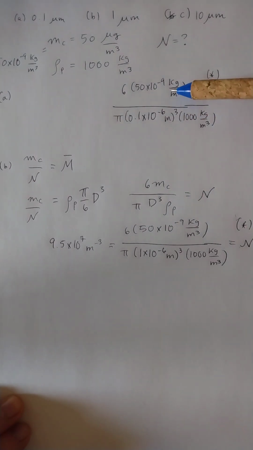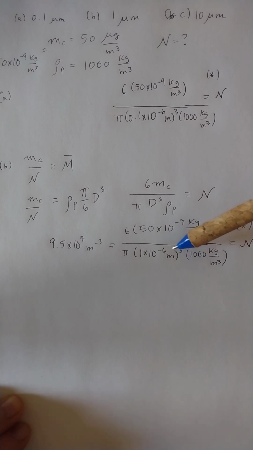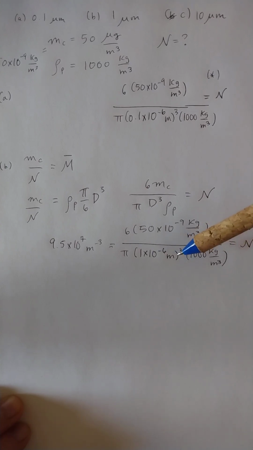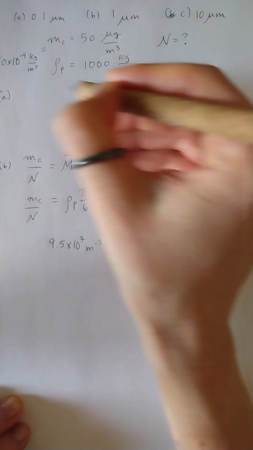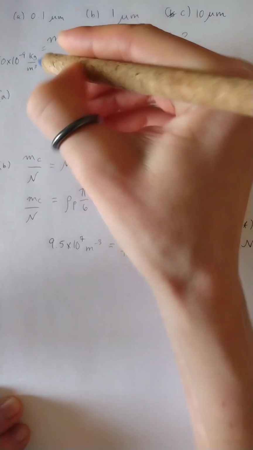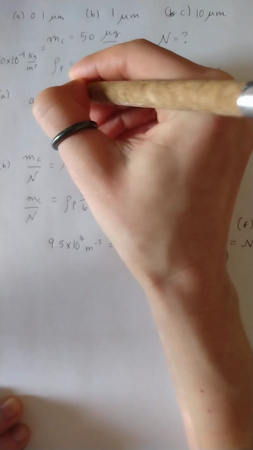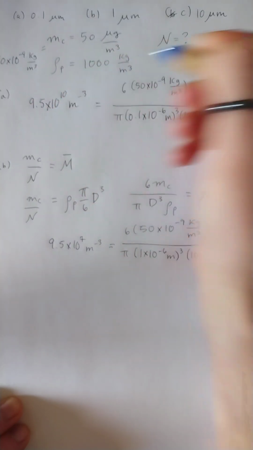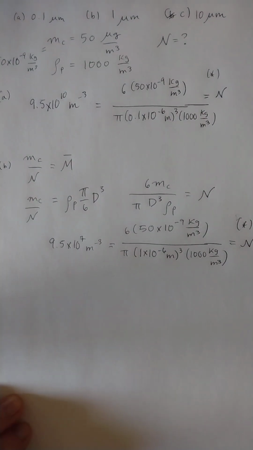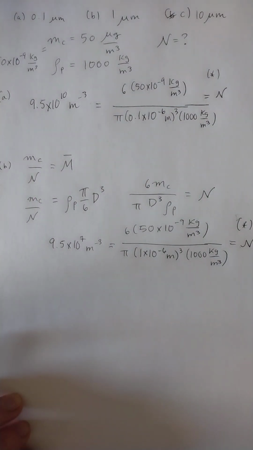So you can already see that the only difference between these two is that we have an additional 3 orders of magnitude in the denominator. And so that means we get the same numerical value as part B, just a higher number concentration now, 10 to the 10 particles per cubic centimeter. That checks out with our intuition, that we need more particles of a smaller size to get the same mass concentration.